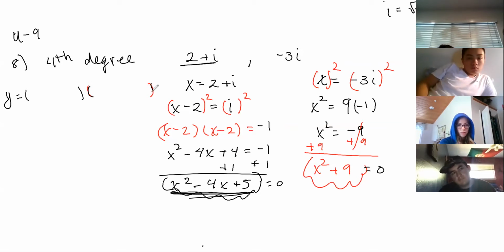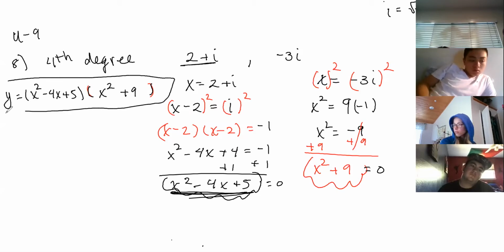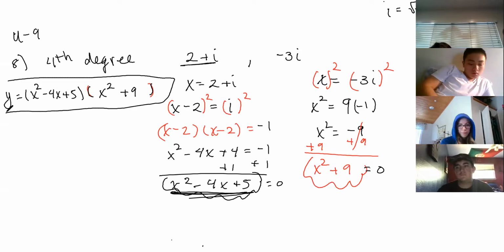So I'm going to write it out: x squared minus 4x plus 5 and x squared plus 9. Since it didn't give us an intercept or a point to use, we don't find an a value. So that's the answer for number 8.